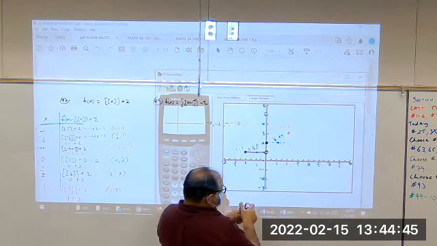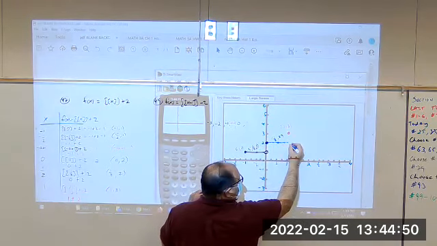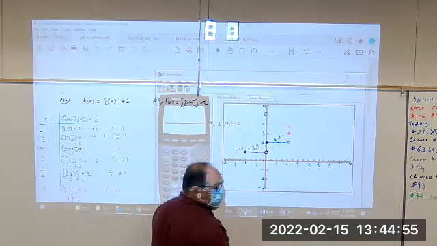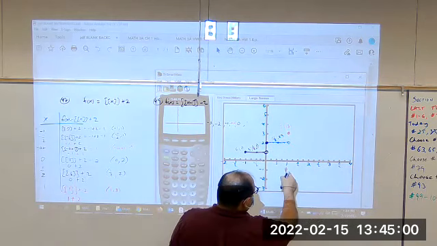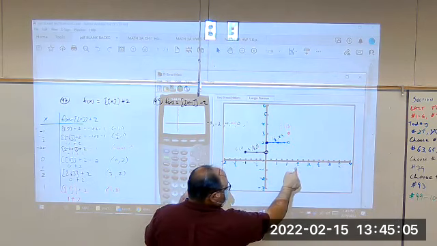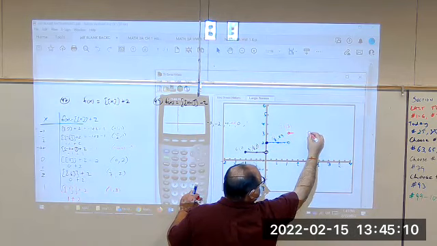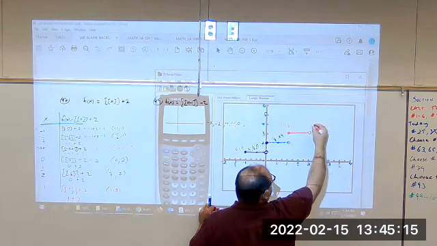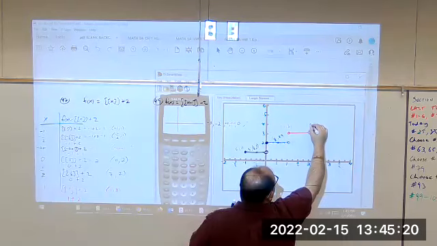So the previous step, where everything equals 2, has an open circle as soon as we get to 1, and then it picks up there. And then everything between 1 and 2 is going to be equal to 3 until we get to x equals 2. When you get to 2, it's going to jump up 1 step, and you're going to get a solid point right here at 2, 4.